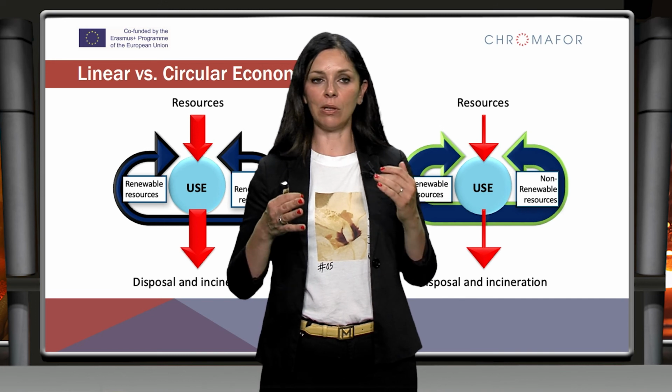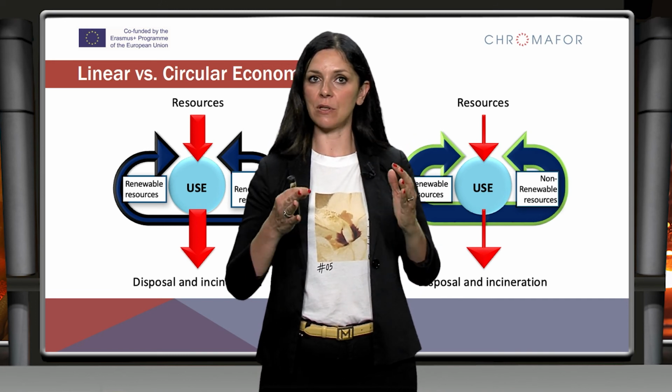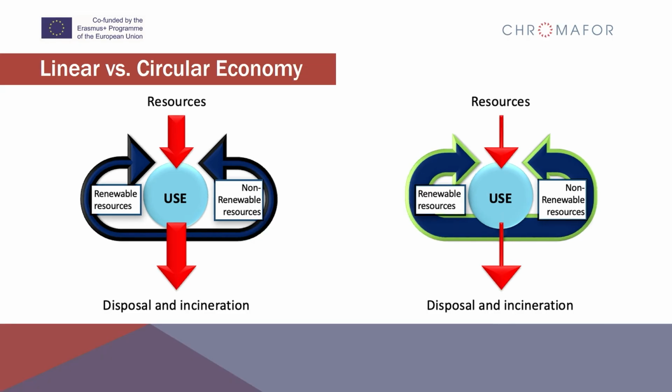Let's see another picture about the differences between linear and circular economy. On the left side you can find a model that is based mainly on linear economy, and on the right you can see a picture that is based more on a circular economy. As you can see, in a circular economy you use fewer new resources and you produce less waste to dispose of or to incinerate.